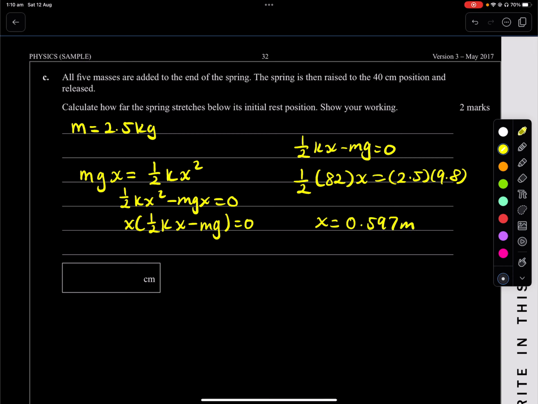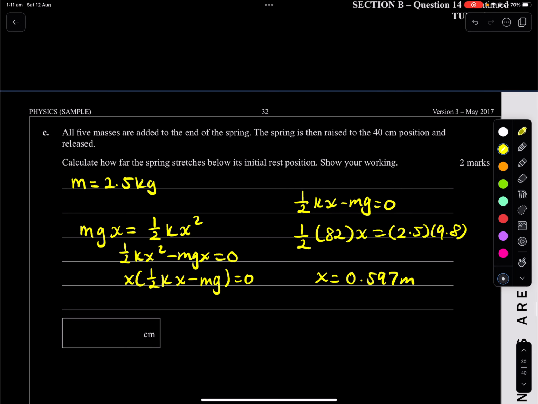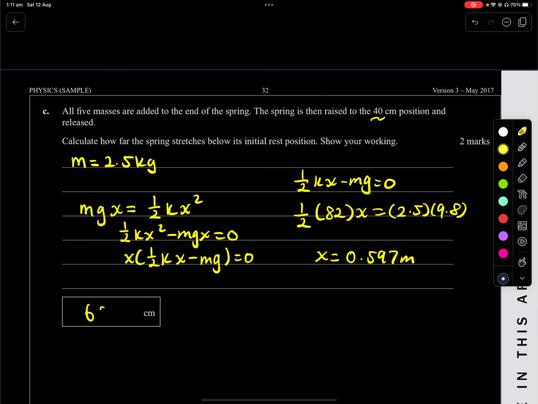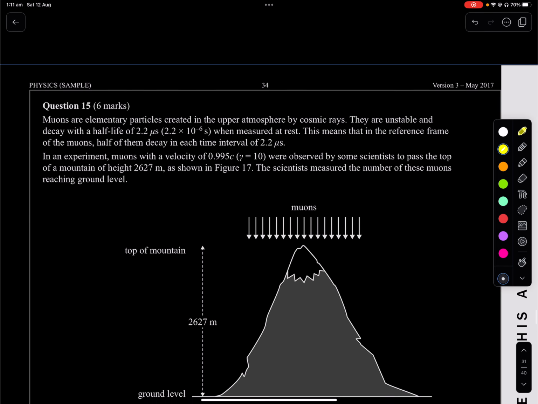But we want it in centimeters, so we times it by 100. So it'll be 59.7, so just 60 centimeters.